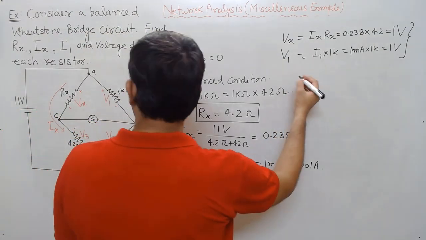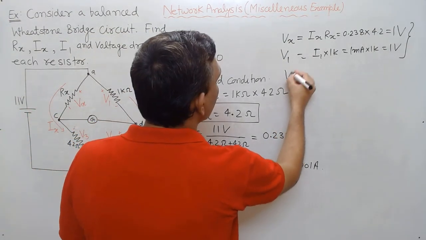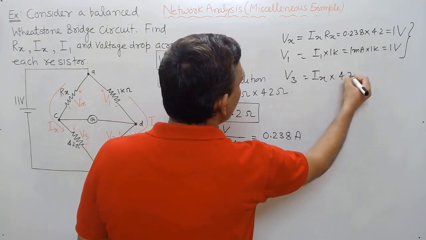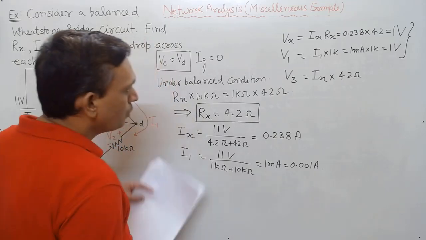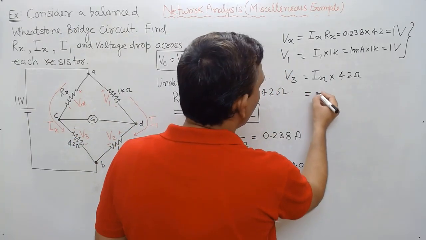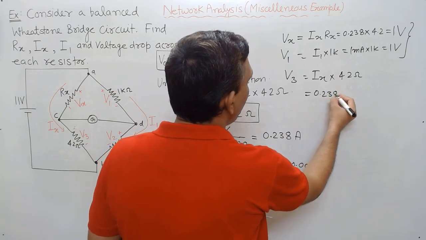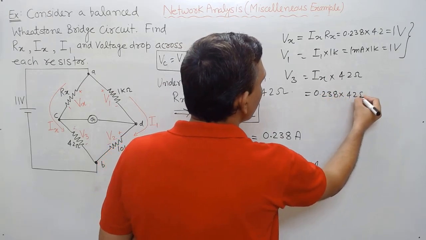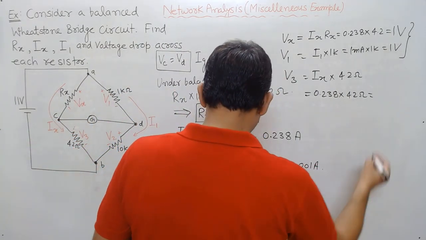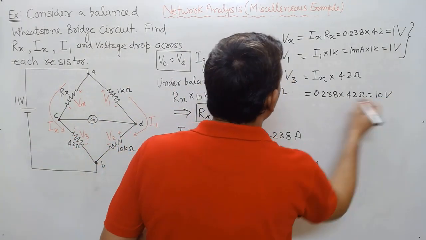Similarly, we can find V3. So that is Ix into 42 ohm. So Ix is 0.238 into 42 ohms. And if you multiply these two, that is 10 volt.